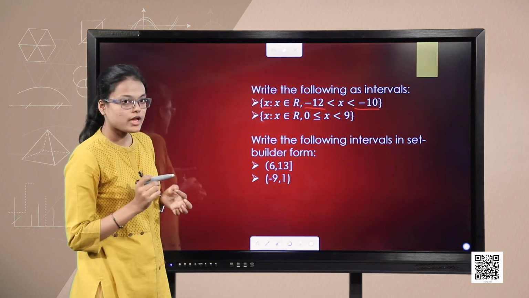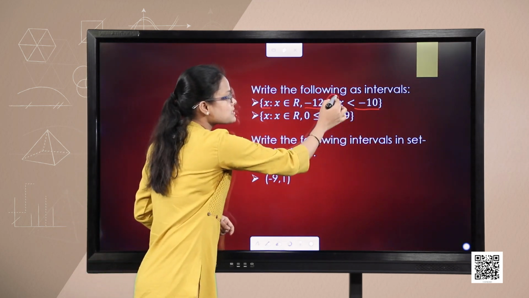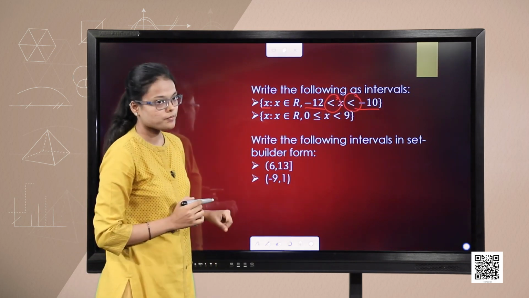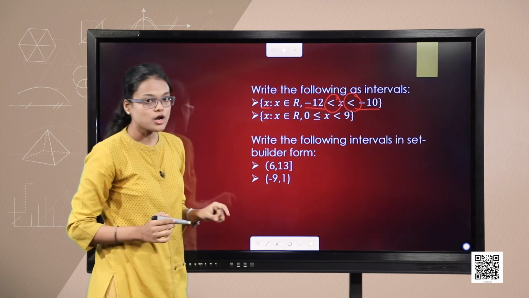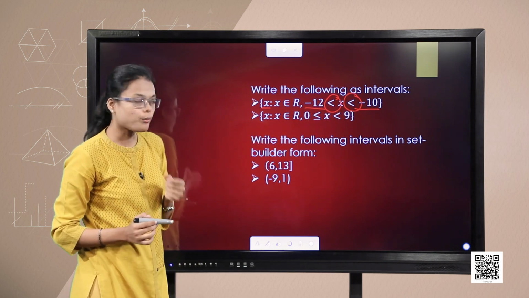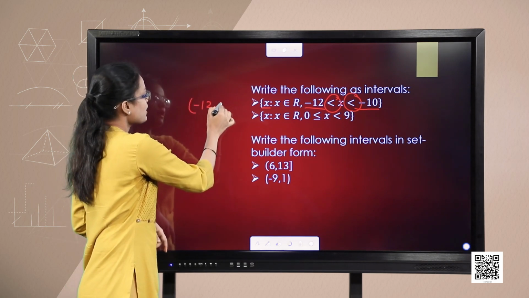Students, what we have to observe? We have to observe the inequalities. You may see that the strict inequalities are there. So this implies that -12 and -10 are not included in the interval. So it is an open interval, and we can write it as (-12, -10).